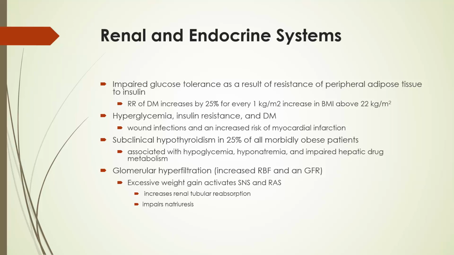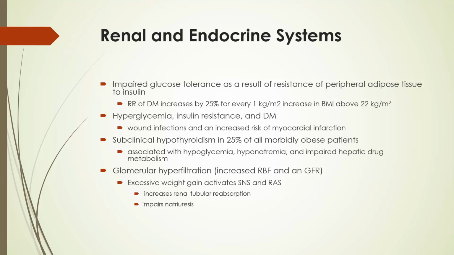In addition to these concerns, subclinical hypothyroidism can occur in about 25% of all morbidly obese patients. Thyroid-stimulating hormone levels are frequently elevated, suggesting that obesity leads to a state of thyroid hormone resistance in peripheral tissue. Hypothyroidism may be associated with hypoglycemia, hyponatremia, and impaired hepatic drug metabolism.